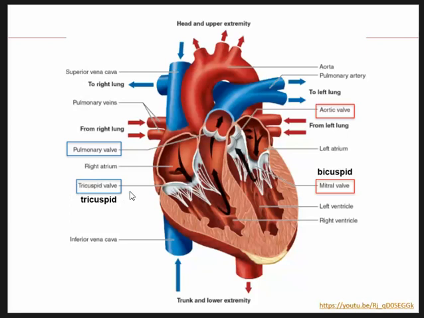We see the tricuspid valve right down here, and that separates the upper and the lower chambers. On our left side, we have our bicuspid valve, which is also called the mitral valve. This separates the upper and the lower chamber. And then our aortic valve is this valve right here, and that allows blood to go into the aorta, which is then pumped to the rest of the body.